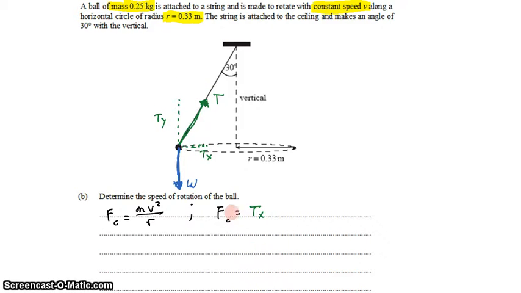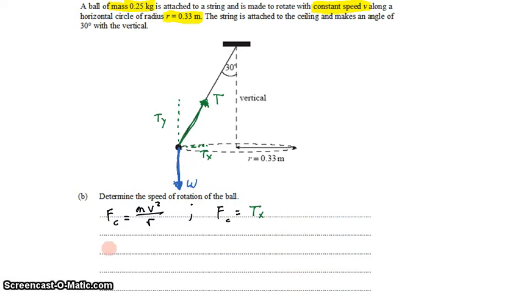Now the question comes down to determining the horizontal component of the tension, and that's where things get a little harder because I don't have much of an indication of what the tension is. The only thing I know is that it must be related to the weight.